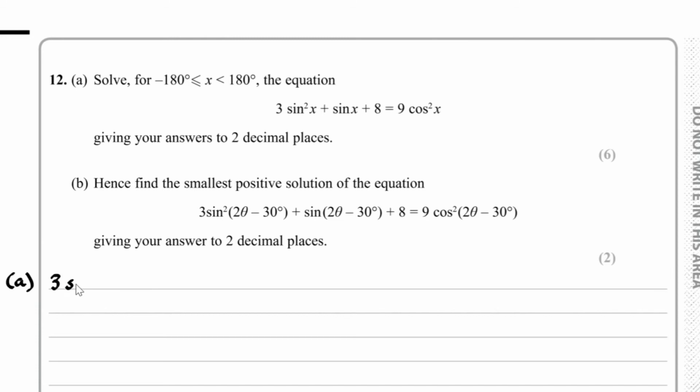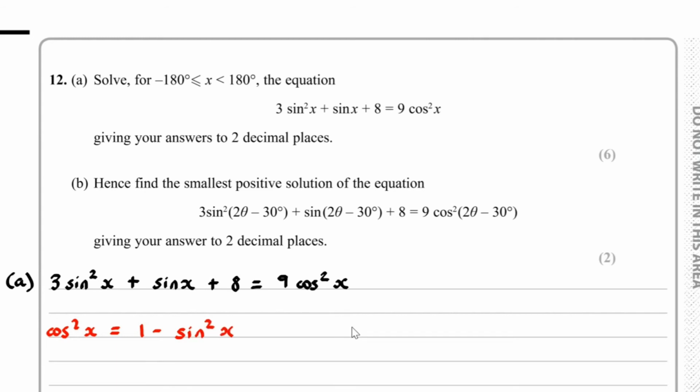We've got 3 sine squared x plus sine x plus 8 equals 9 cos squared x. And what I'm going to do is replace cos squared with 1 minus sine squared x.